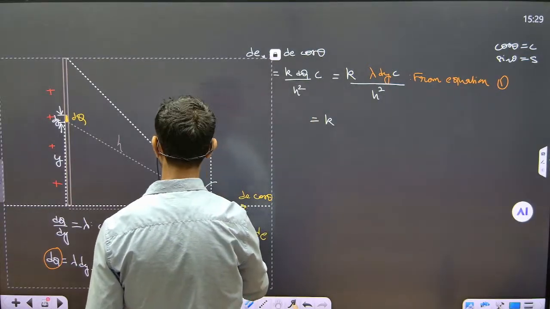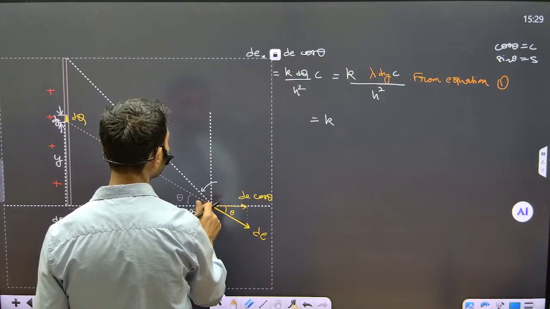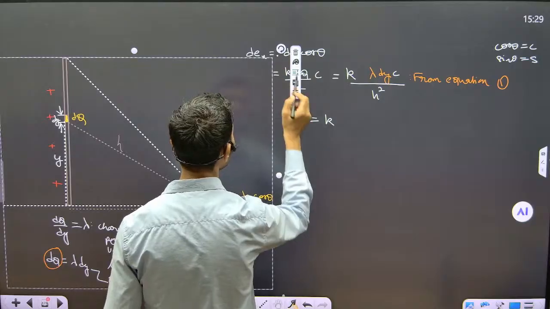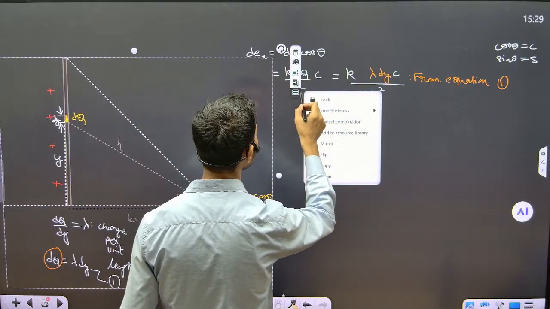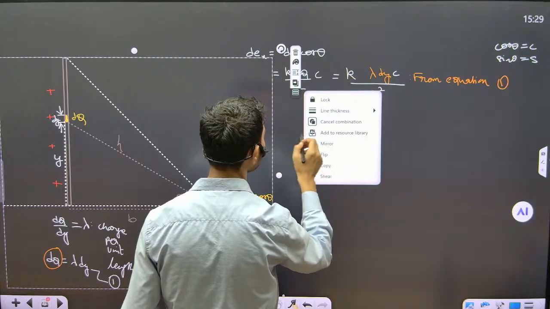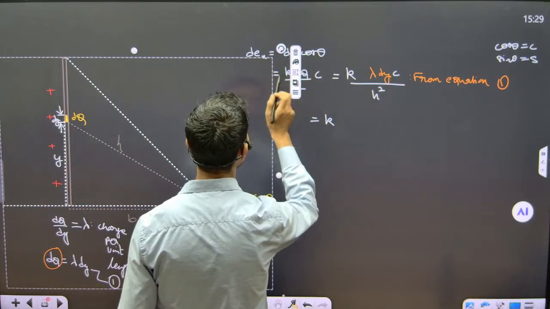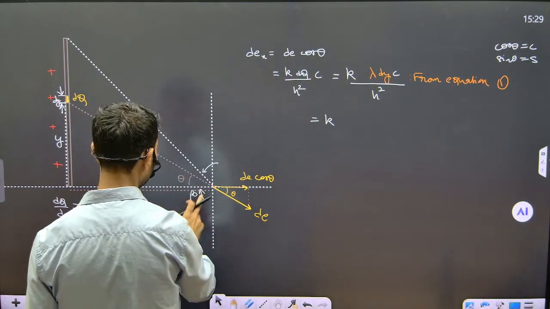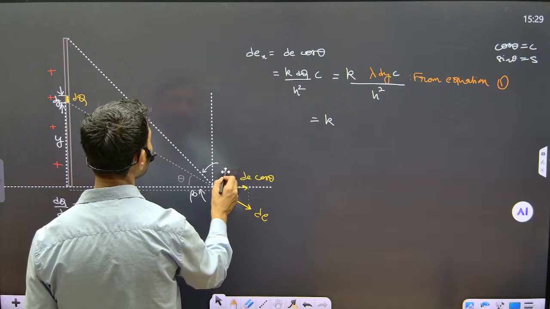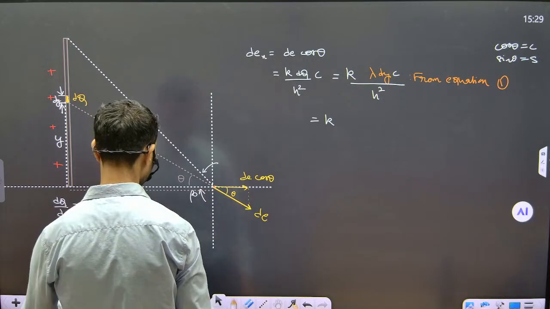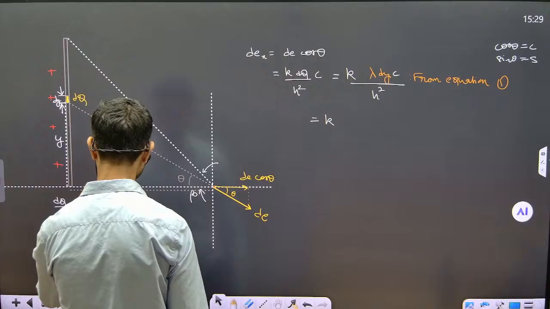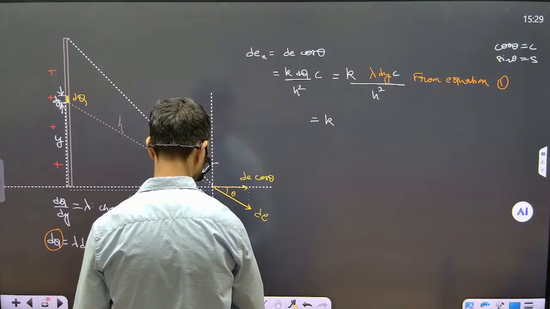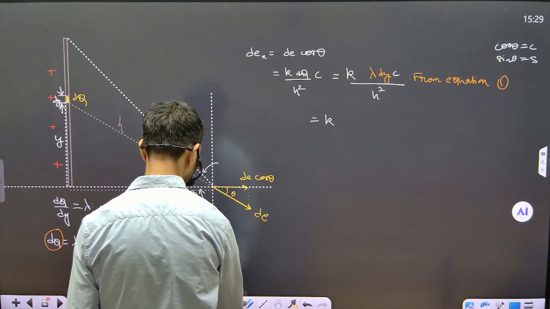Without locking also, I can just move it around as a single object. Since it is grouped, why is it not getting unlocked? Okay, now it is unlocked. Perfect. Now this is a single object. Come on, get moved already. This is hanging.